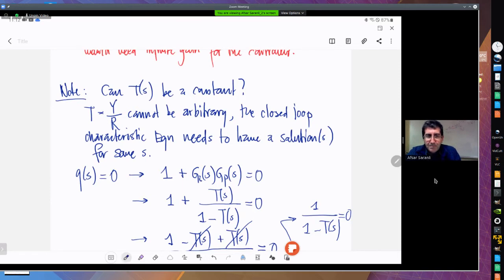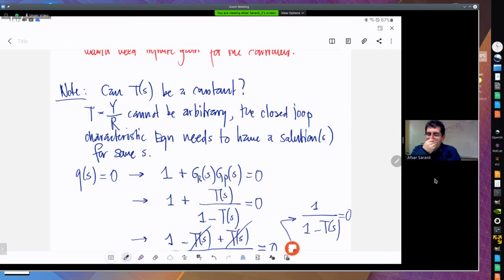Tamam? T of s bir constant olduğunda characteristic equation dediğimiz polinomun kökü kalmıyor. Yani hiçbir kökü yok, çözüm yok. Dolayısıyla bir behavior'dan, pole'lardan bahsetmek mümkün olmuyor.